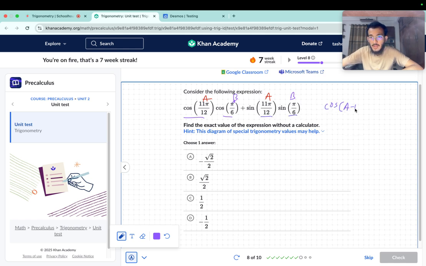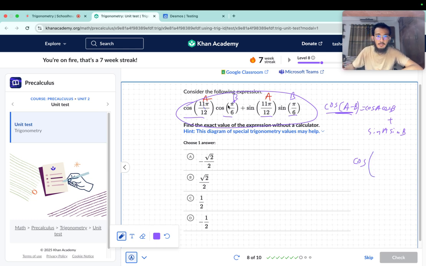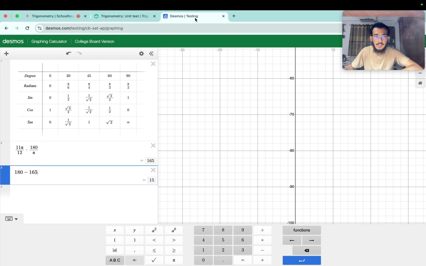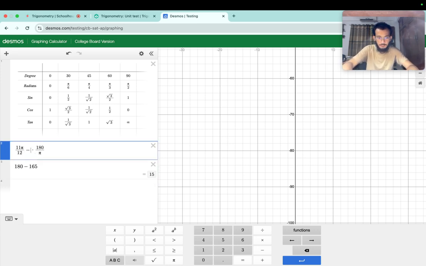Cos A minus B equals cos A cos B plus sine A sine B. So I can write the entire thing as cos of 11 pi by 12 minus pi by 6.